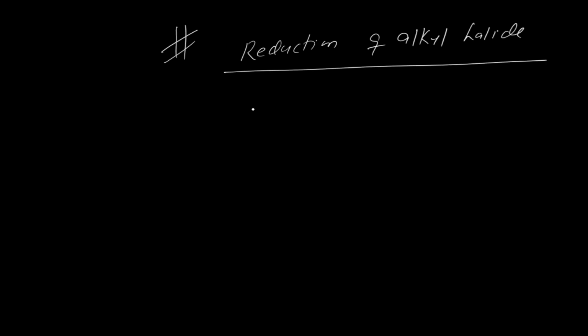So when alkyl halide is reduced, how will it form by reduction of alkyl halide? Either you can make a reduction by dissolving metal.